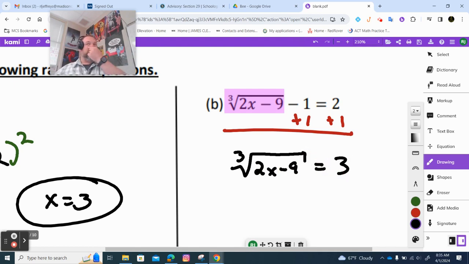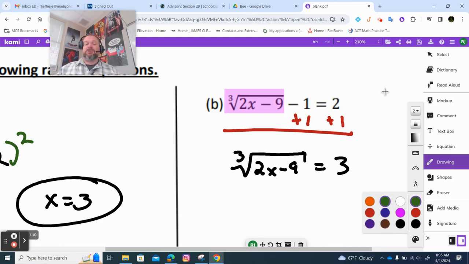All right. Now, this one is easy to see the power this time. We actually have a number in the gutter. What is our number in the gutter? 3.